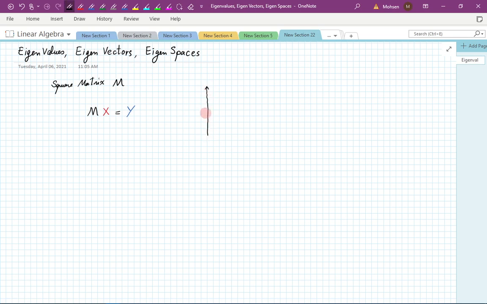How do we graph this? We pick a coordinate system, in this case our R2 two-dimensional coordinate system. On that coordinate system we have one vector x, which is some pair of numbers. We take M, the 2 by 2 matrix given to us, multiply by this x, and out comes another vector y.